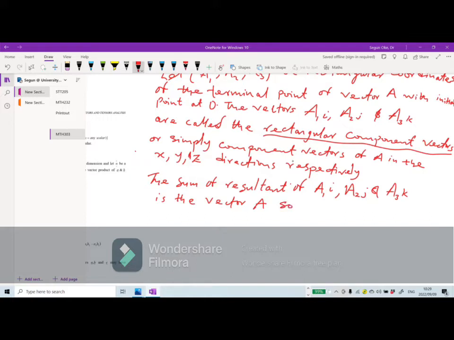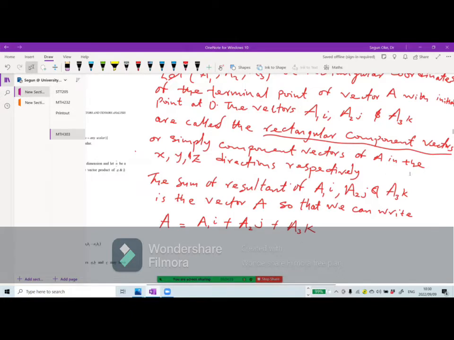So that we can write our A equals A1I plus A2J plus A3K.